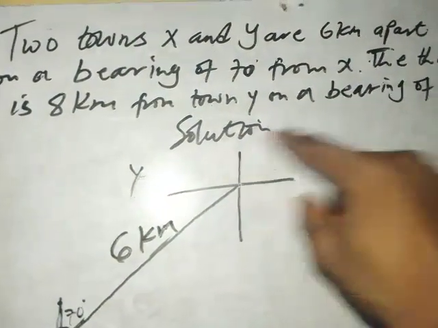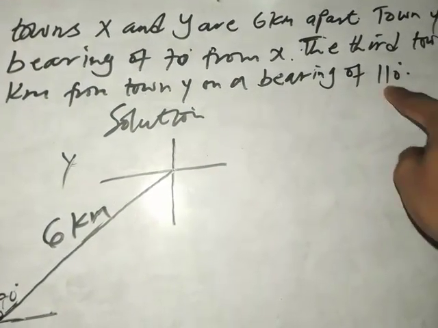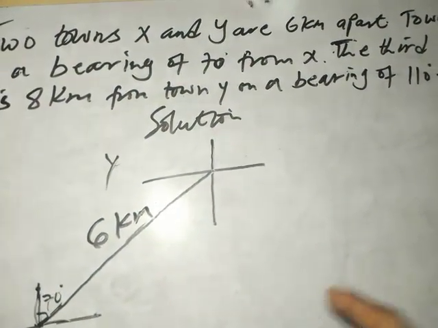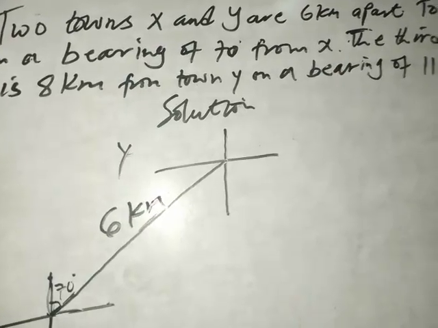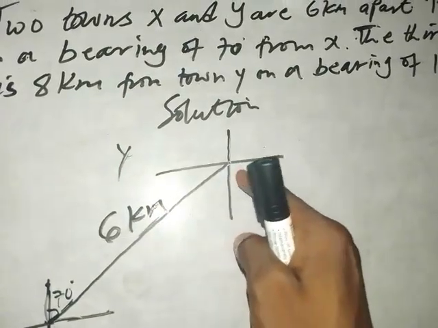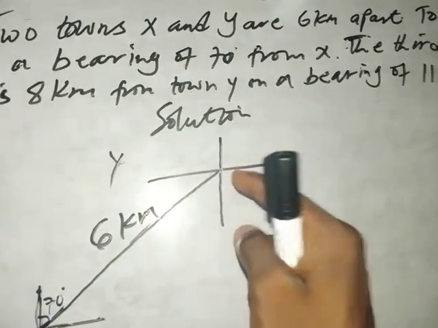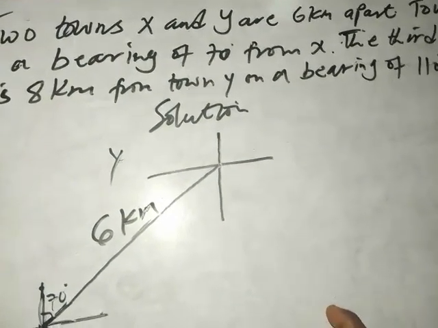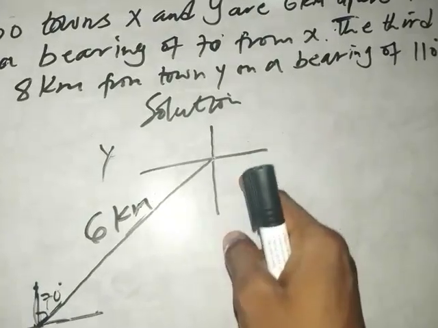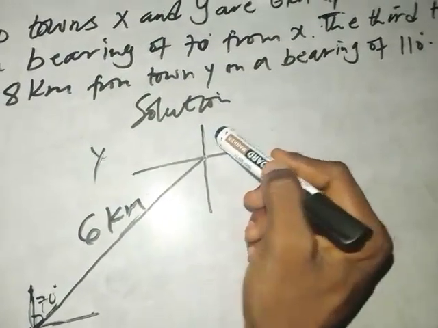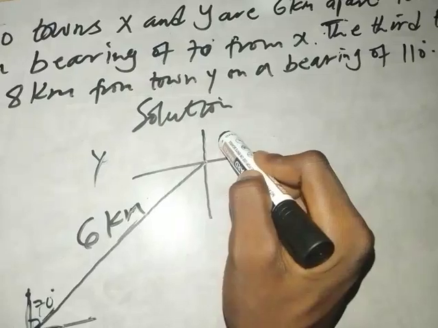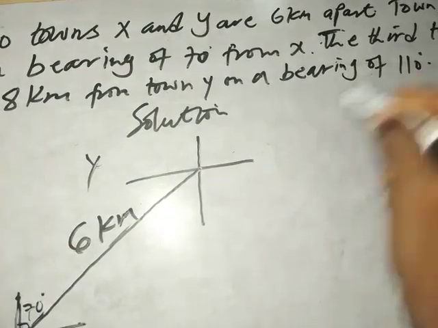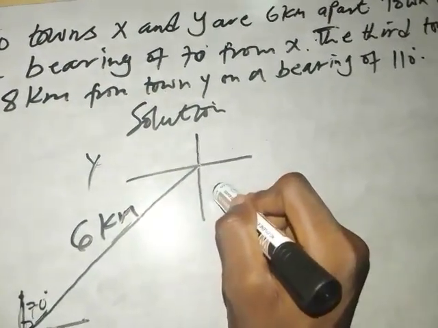So that means we are going to locate the bearing of 110 at town Y, leading to the third town, which is town W. So let's locate 110 degrees at town Y, because it is leading to town W. I told you earlier that this is 90 degrees. If this is 90 degrees, that means 110 is above 90 degrees and it should be in the second quadrant, which is this place.